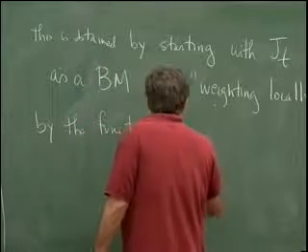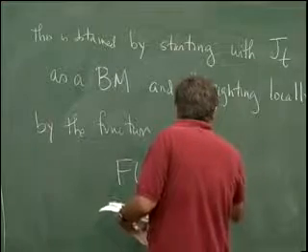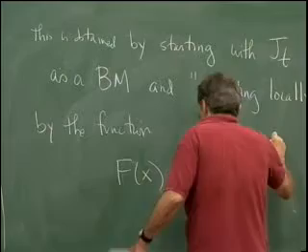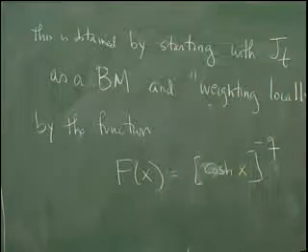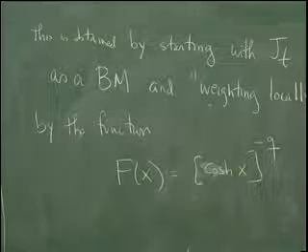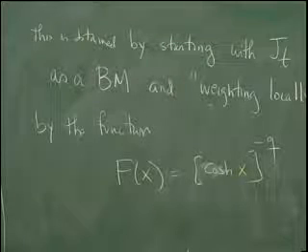In this case, it's cosh x to the minus q. So let me do a digression to explain weighting locally, in quotes, a little more precisely.